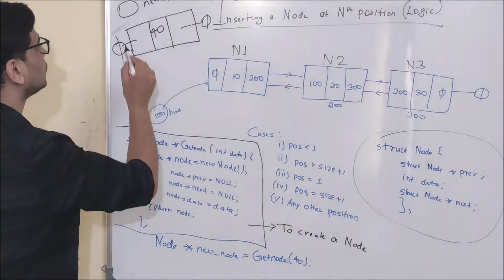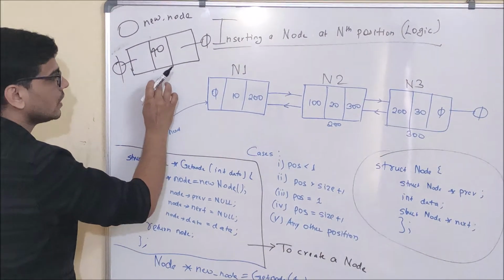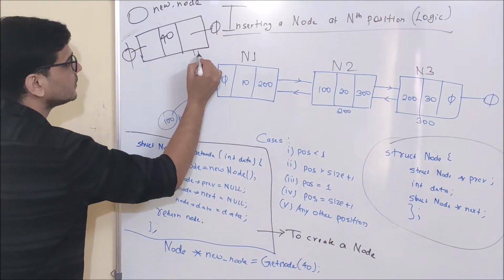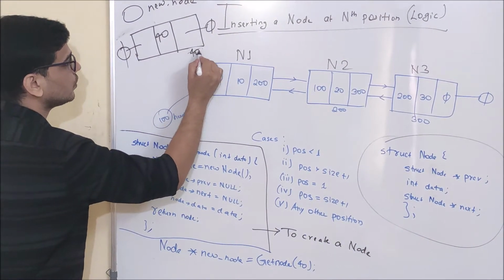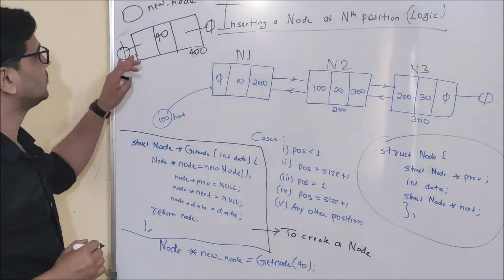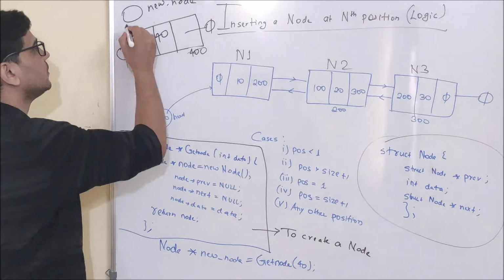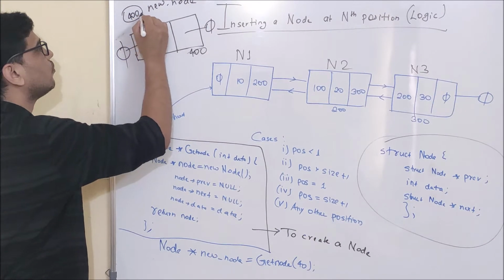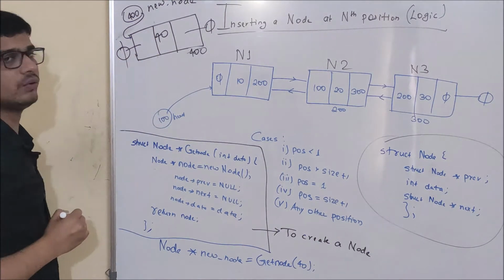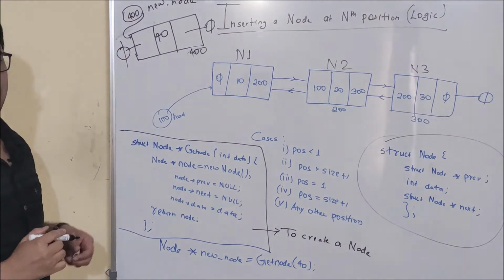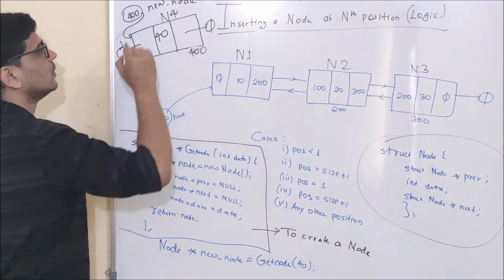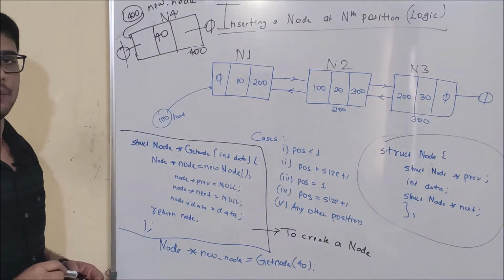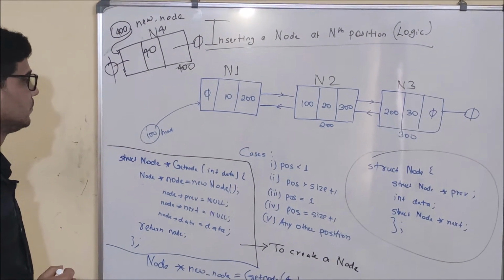Suppose, let's assume 400 is the starting address of this particular node. What it means is we will have 400 in our new node, as it is the pointer to this particular node. Let's name this node N4.